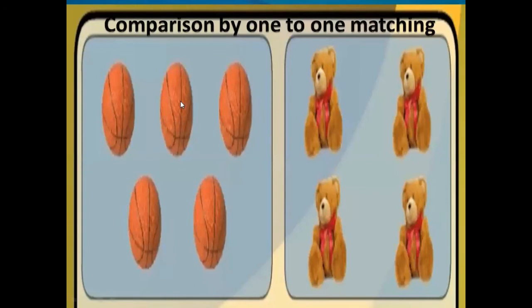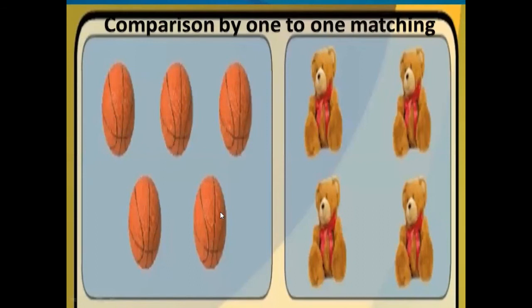Now, let's do the other activity. Compare by one-to-one matching. Here we see balls. Count, students. How many balls are here? Yes, 1, 2, 3, 4, 5.